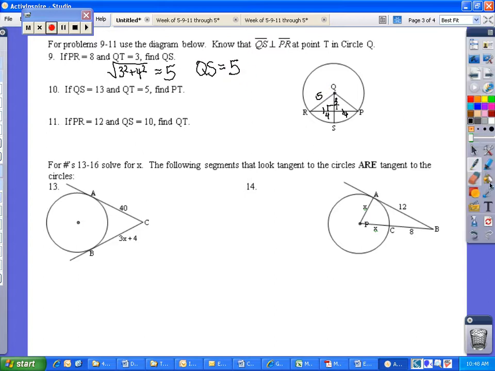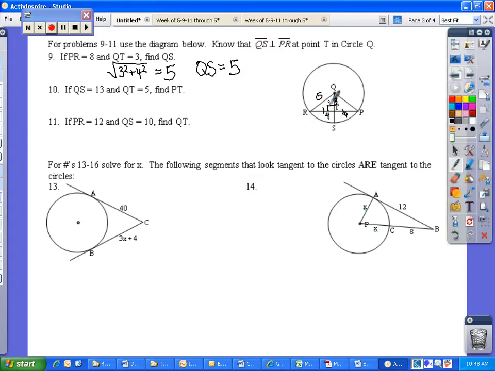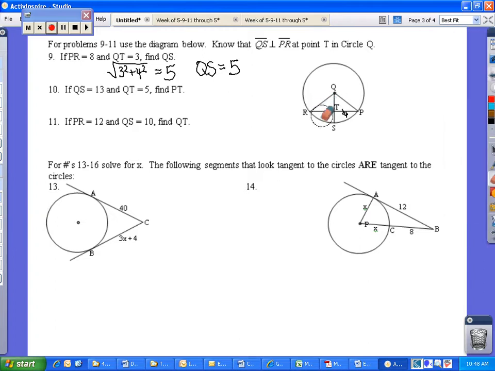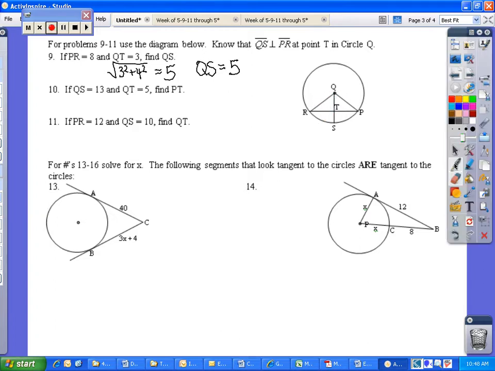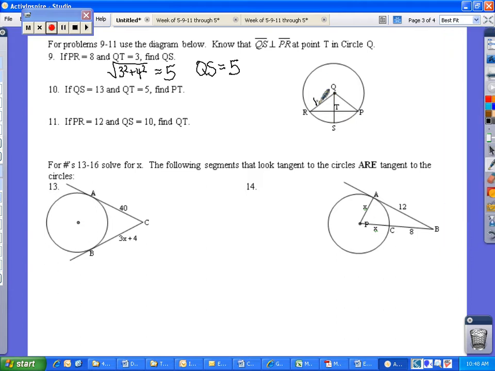Now in the next one, I know that QS is 13. So that gives me the radius. QS is a radius, so that means this is 13 and this is 13. This is still a 90-degree angle, but now QT is 5. So how am I going to find PT? I have to use Pythagorean theorem.